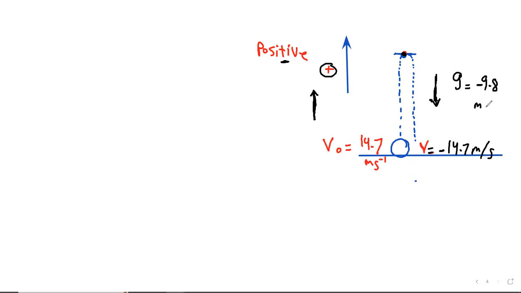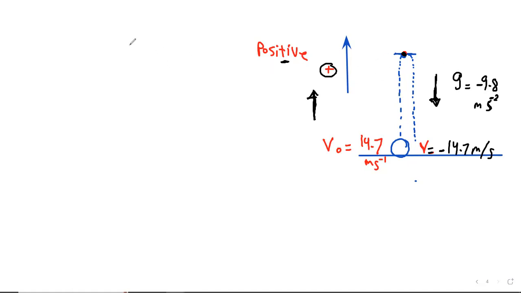Some people get confused and ask, why is it negative? Because the direction of the gravity is opposite to the positive sense. The gravity is going downwards, and the positive sense is upwards.